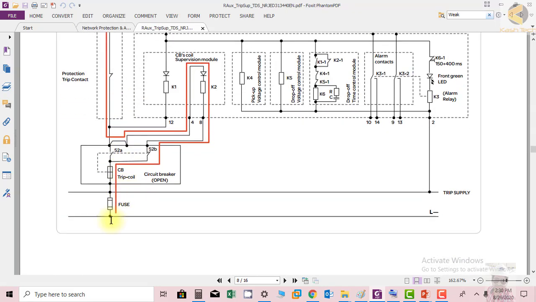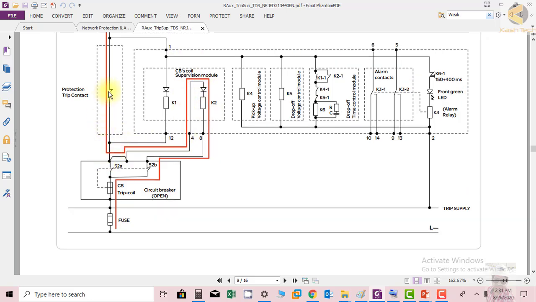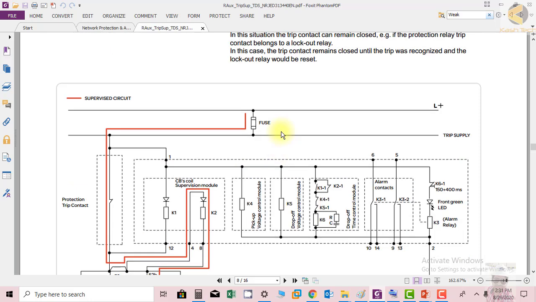Now the breaker is open, so in this case you can see the negative is coming. 52B is basically a normally closed contact. So if the breaker is open, it is closed; it is opposite to the breaker status. So here you can see K2 indicator negative is coming up to K2 and positive is coming through the protection relay, which could be the 86 lockout relay.